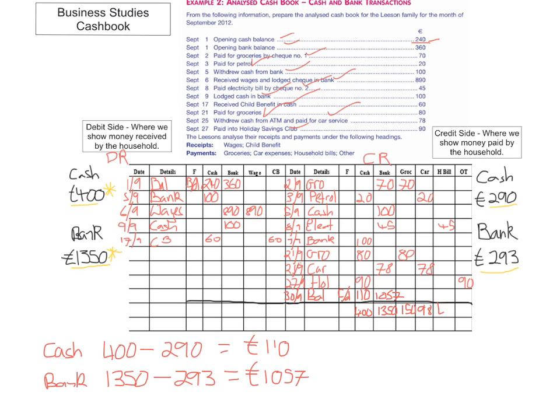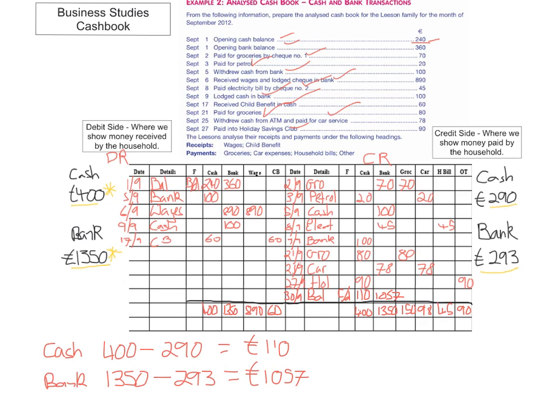In household bills it's 45. And in other it's 90. On the other side we should get 400. It should be the same for cash and bank. So bank could be 1,350. Wages will be 890. And child benefit will be 60.